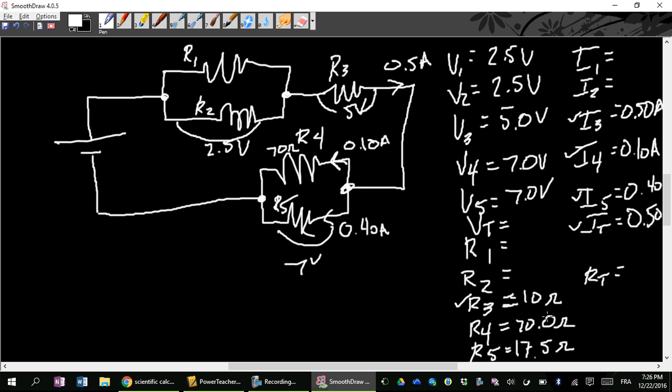Okay. Oh, so I know V total now, right? 7 plus 5 plus 2.5. So that's 7.5, so that's 14.5. Okay, oh. It's moving. So I'm just missing R1, R2, and I1 and I2.